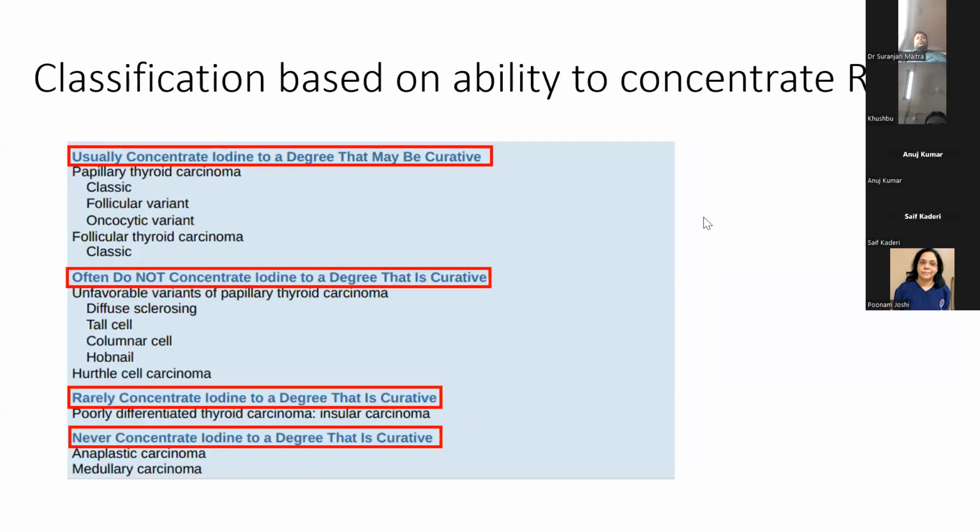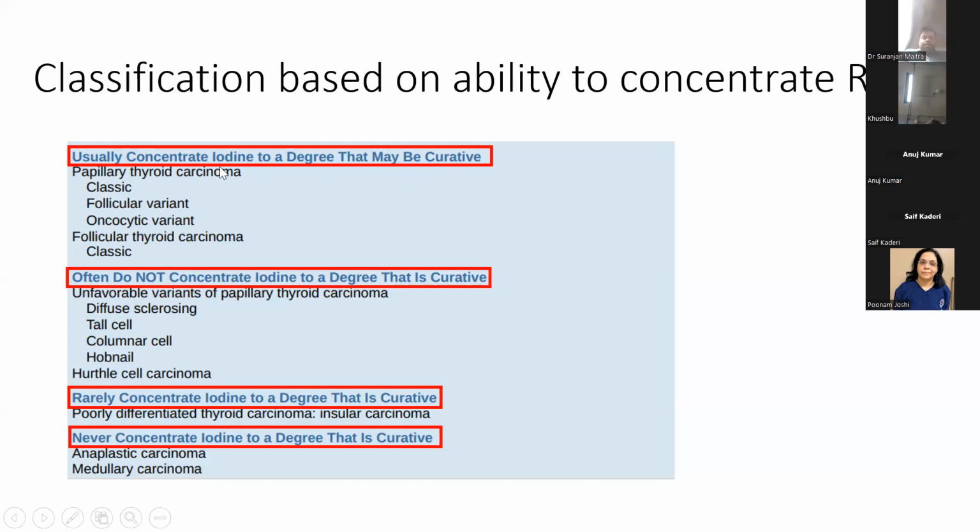Then we have the classification based on ability to concentrate radioactive iodine. So when a patient comes, we should be very sure about which patients should be sent for radioactive iodine treatment. So this is again divided into various classifications based on what histology that particular patient is having in his or her report.